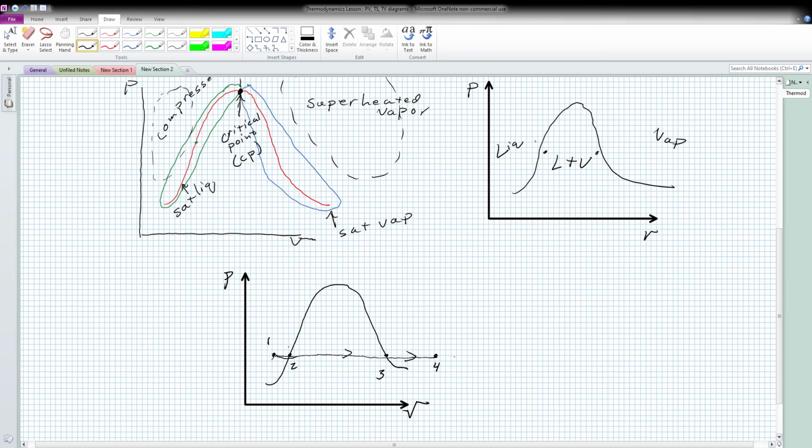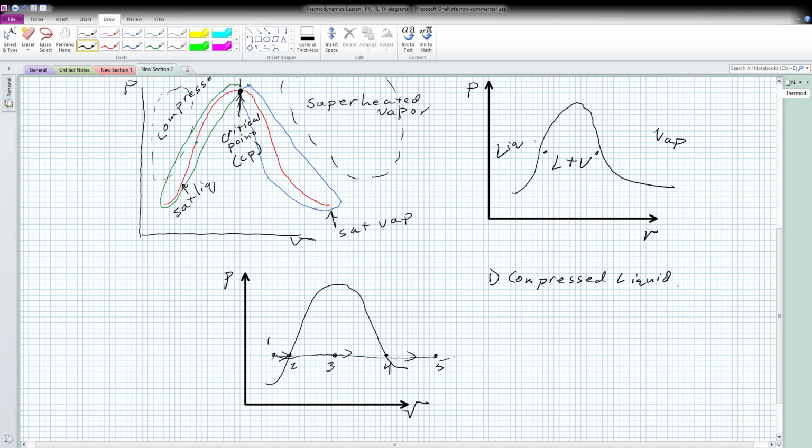Imagine it is straight. Oh, you know what? I'm going to put 3 here, 4 here, 5 here. So at point 1, you are compressed liquid.